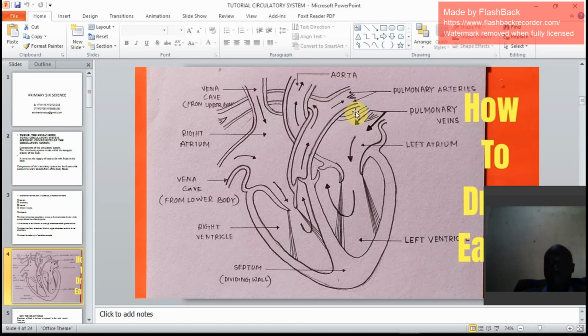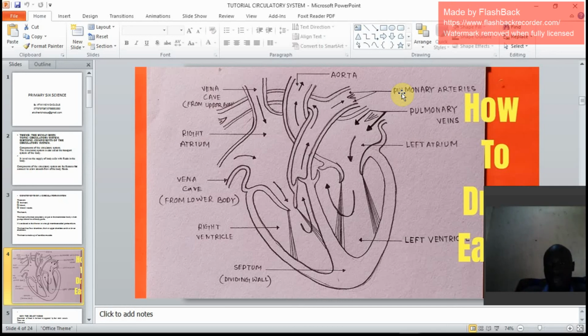These pulmonary arteries are connected to the lungs. So the deoxygenated blood will move from here and go to the lungs. And why does blood go to the lungs? Blood goes to the lungs to pick up oxygen and drop carbon dioxide.